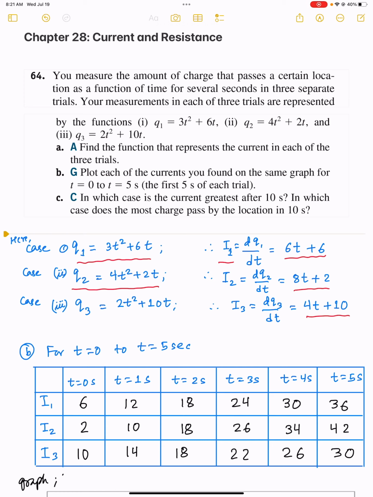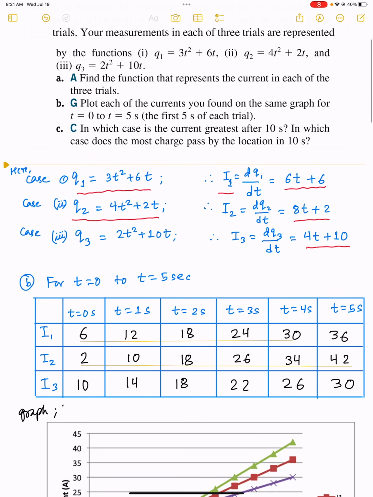For part B, we have to plot each of the currents we estimated on the same graph for t equals 0 to t equals 5 seconds. It's a very simple problem. You just have to plug in t equals 0 to t equals 5 for each of these current values.